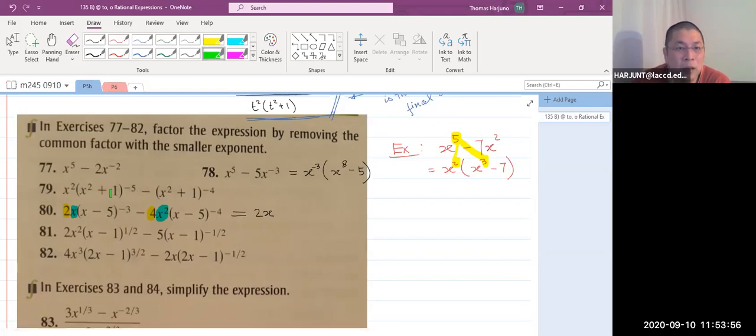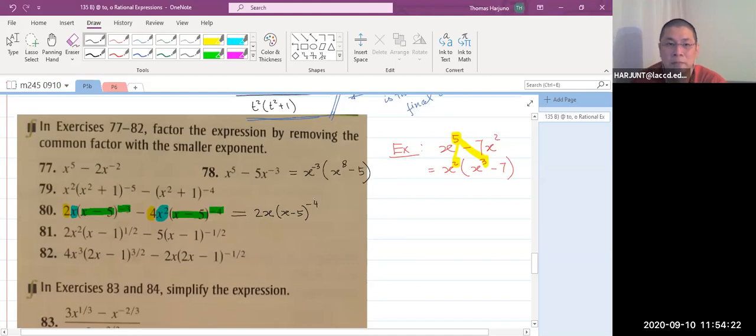Now, how about x minus 5? How many x minus 5 can we take out? Choose the smaller one. -4 is the smaller.